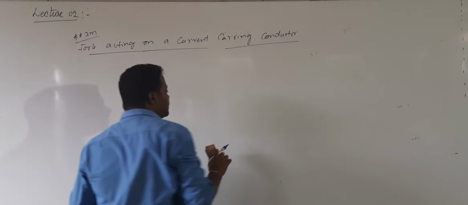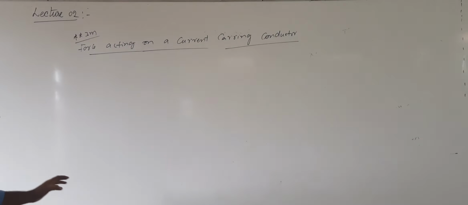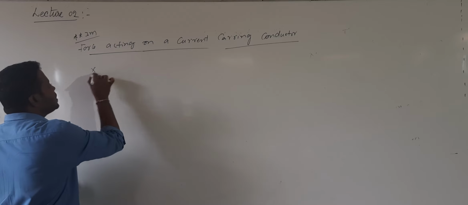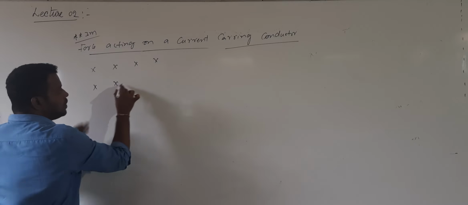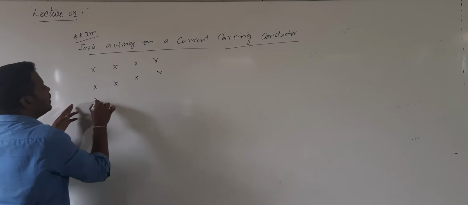After this, now let us see. Let us consider a uniform magnetic field of induction B, which is perpendicular to the plane of the board and passing into the board.